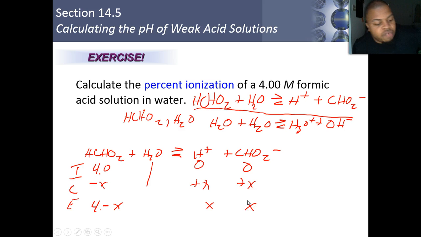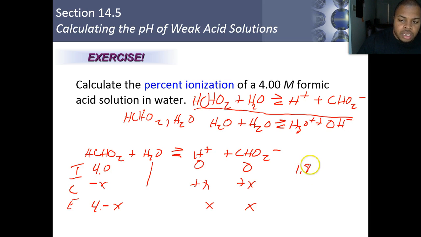Let's go ahead and plug in our values to find out what we're going to get here. So I have 1.8 times 10 to the negative 4 equals X squared over 4 minus X. Again, we're going to assume that I don't have to worry about the minus X because it's negligible. It should be less than 5%. Multiply both sides by 4.